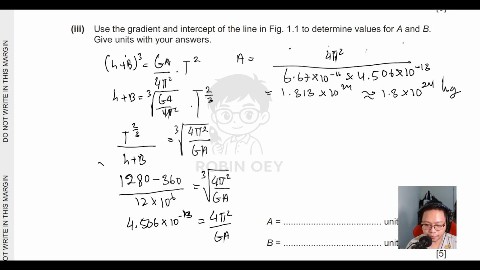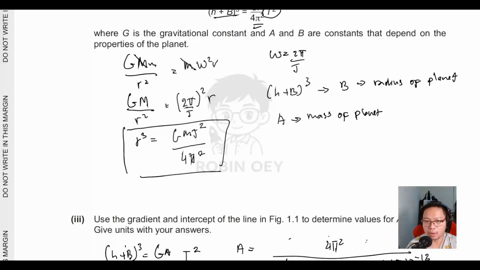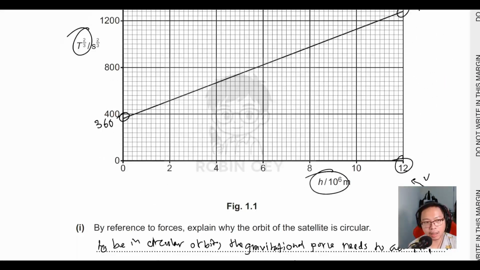Now let's go for B. If we input the B here, the t to the power of 2 over 3 would be 360. So I'm using the intercept, which means we use this part: 360 and 0.